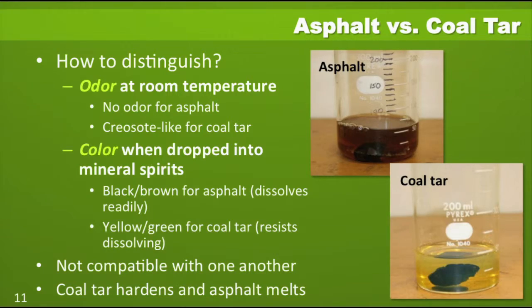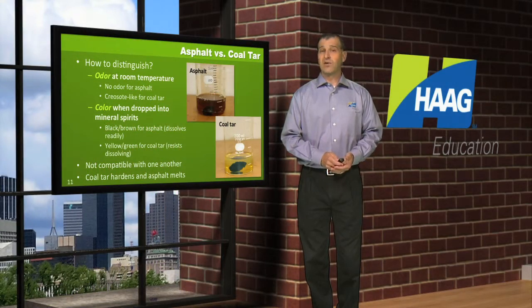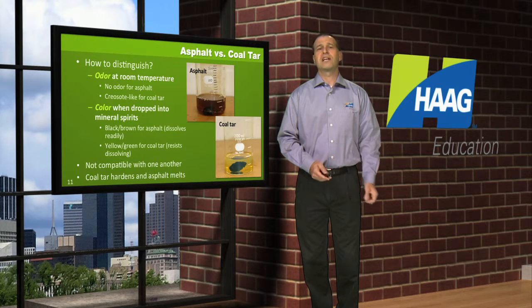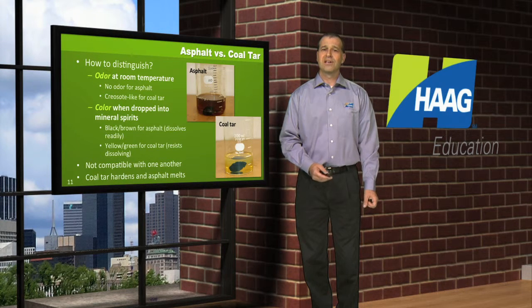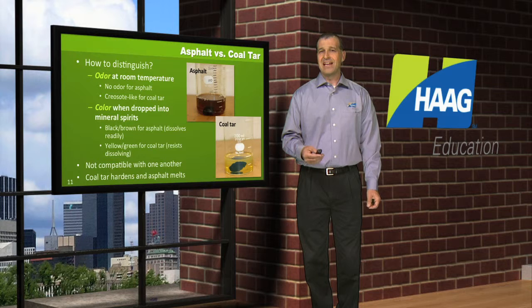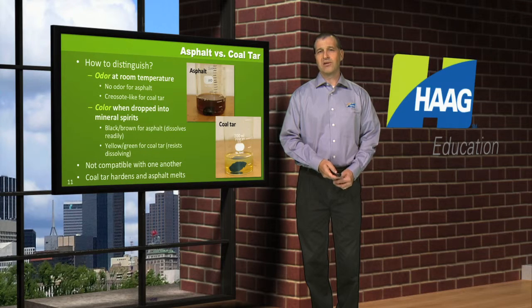And so there's a pretty clear test as to whether you're dealing with a coal tar or an asphalt bitumen on the roof. This is important to recognize because coal tar and asphalt are not compatible with each other. And so if it is a coal tar roof, you don't want to repair it with hot asphalt. When you use the two materials together, the coal tar may harden and the asphalt melt, and the results are unpredictable, so you want to keep the materials compatible with each other on the roof.